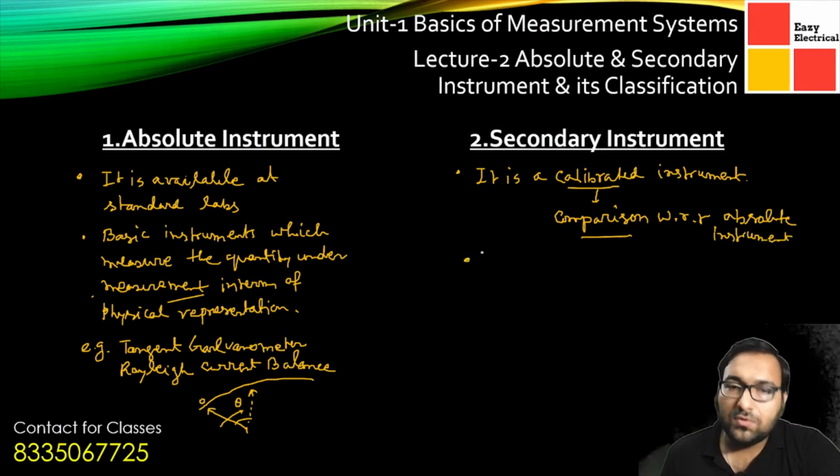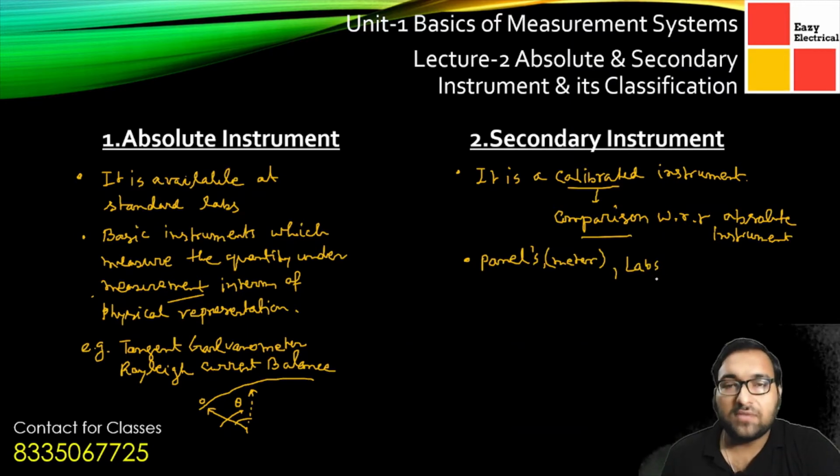Now where are these instruments found? In panels, panel meters are examples of this. Then you have your labs, basically our engineering college labs, and other places where we use them. Then in plants, in any plant, wherever you see any meter, these meters are part of the secondary instruments.